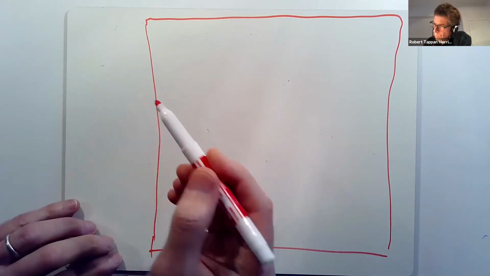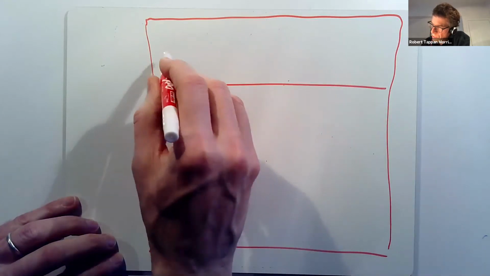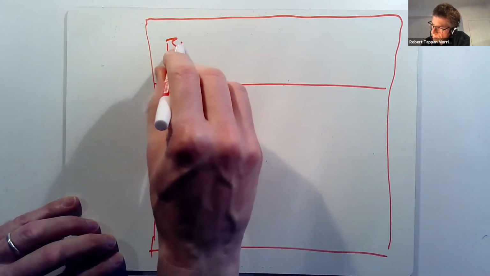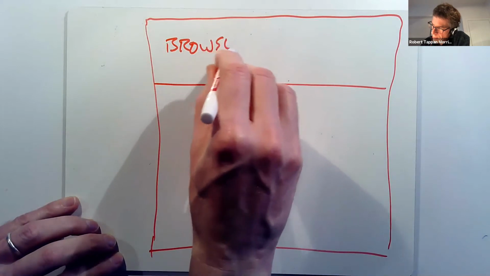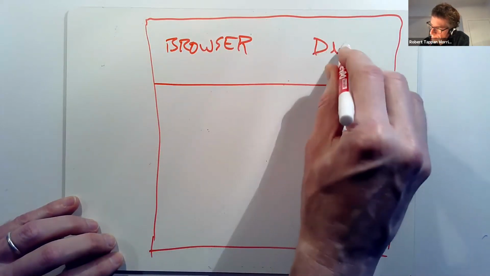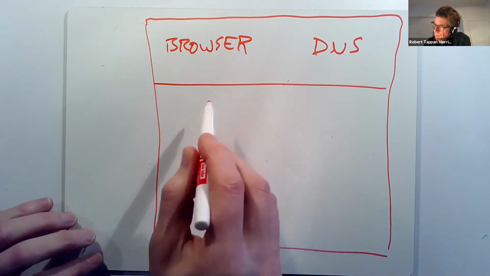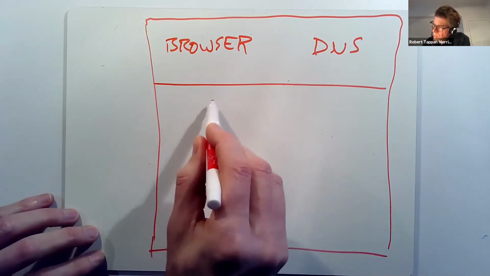So, let's assume we're running Linux or maybe XV6, and we have a bunch of applications, maybe a web browser, maybe a DNS server, who knows what. They'll have used the sockets API to open up file descriptors in the sockets layer.